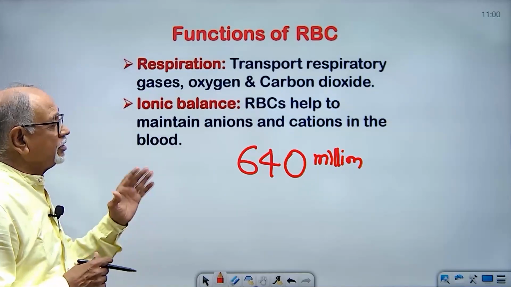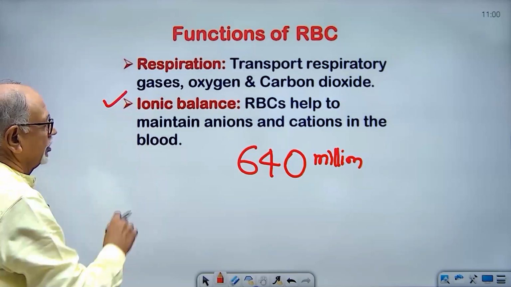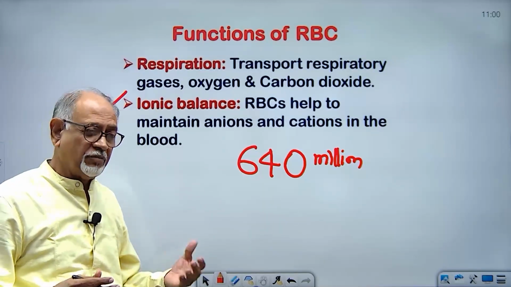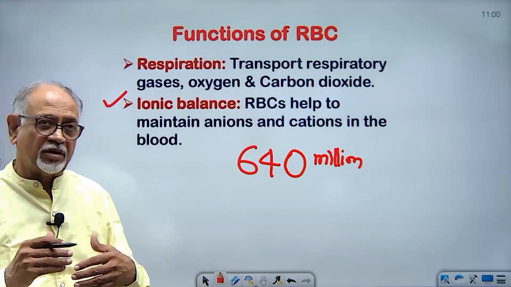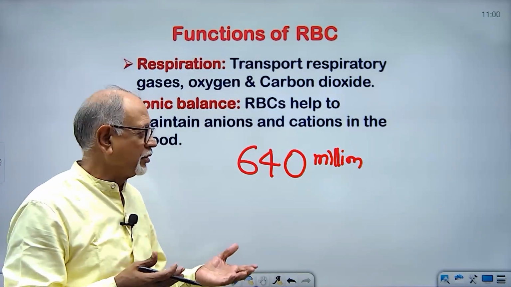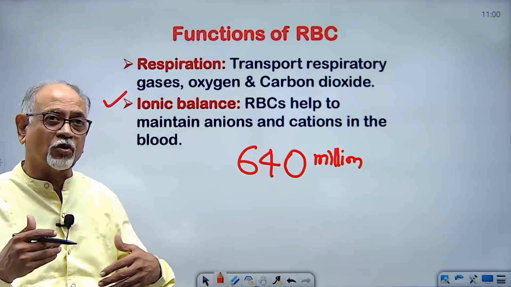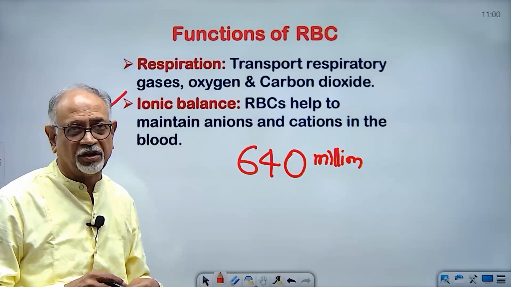Then the RBCs are helpful in maintaining ionic balance, as I just mentioned that when carbon dioxide enters the RBC, then bicarbonate ions are released from there in lieu of a chloride ion, called chloride shift, and by that the ionic balance is maintained in the blood.